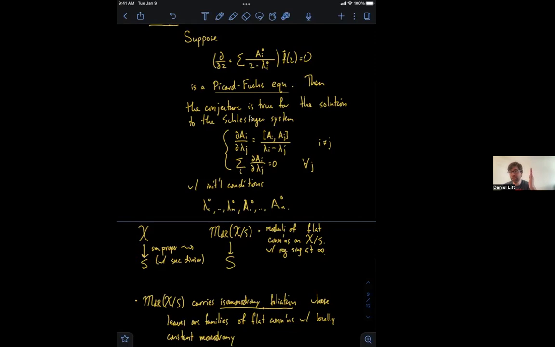So if you have a flat connection on one fiber, it has some corresponding monodromy representation. If you move to a nearby fiber, you have the same pi_1. So there's some other flat connection on this nearby fiber with the same monodromy representation. And this isomonodromy foliation is giving a description of how to vary the connections on your fibers to keep the monodromy representation the same.